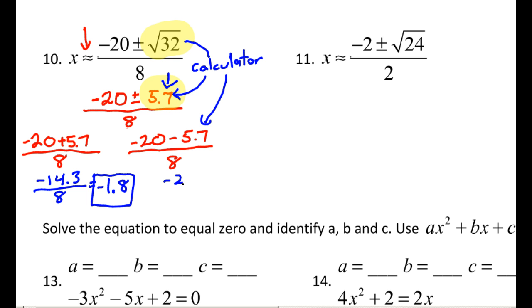So we have negative 25.7 over 8, and that equals negative 3.2. So there are your two answers. So even if it's not a nice number, we can still get two answers. Some people will say, I couldn't take the square root of it, and they'll say no answer. Well, it's a decimal, there's an answer.